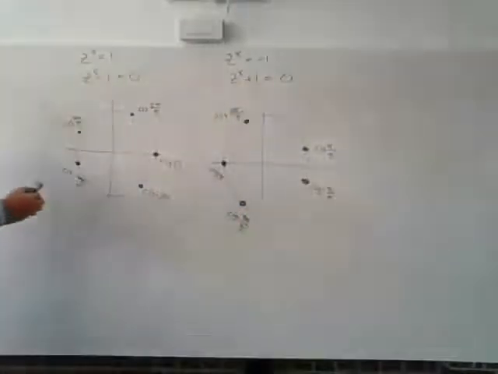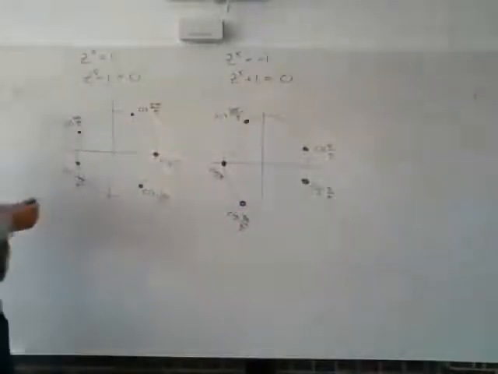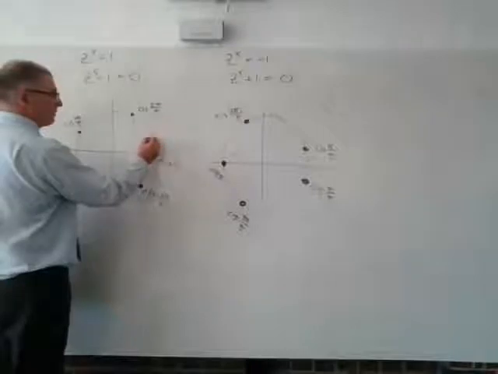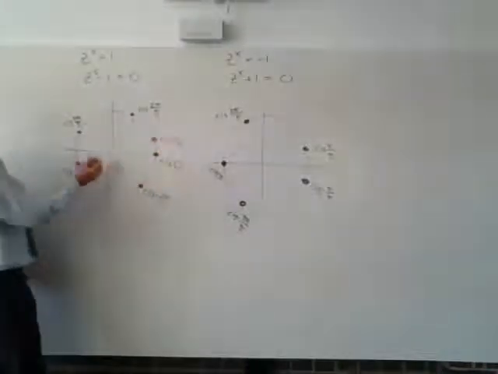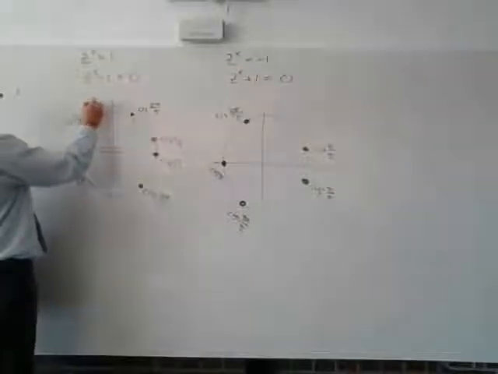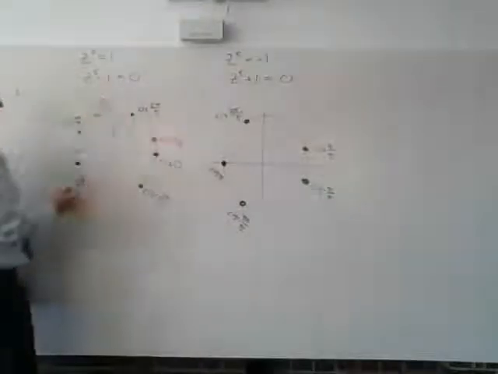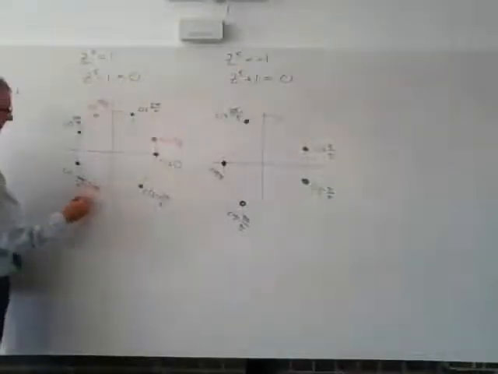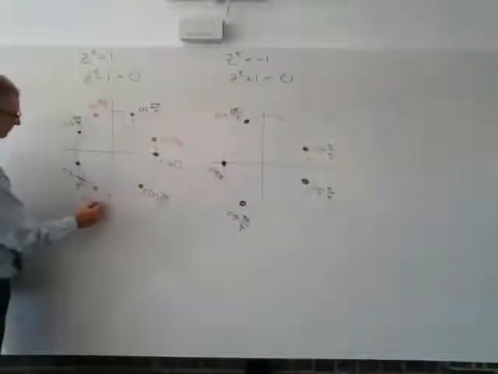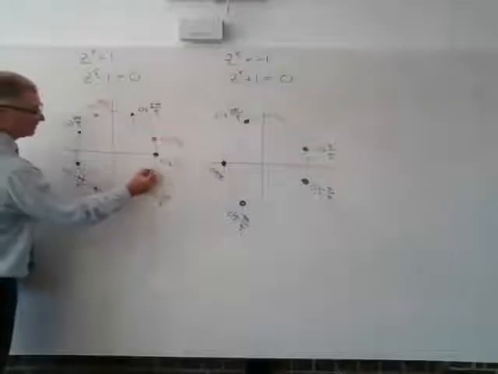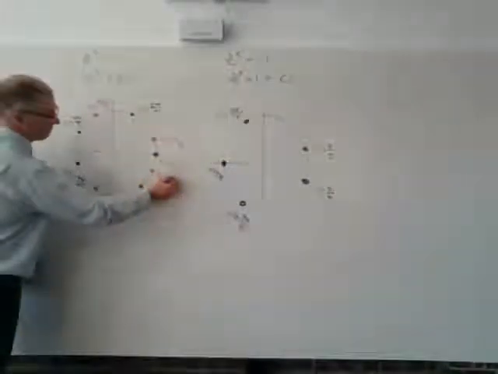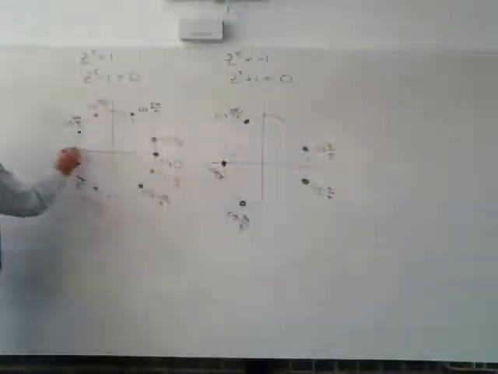And once again, if I put together the solutions to them, so if I pop cis of pi on 5 on there, cis of 3 pi on 5, cis of minus 3 pi on 5, and cis of minus pi on 5, and also cis of pi.